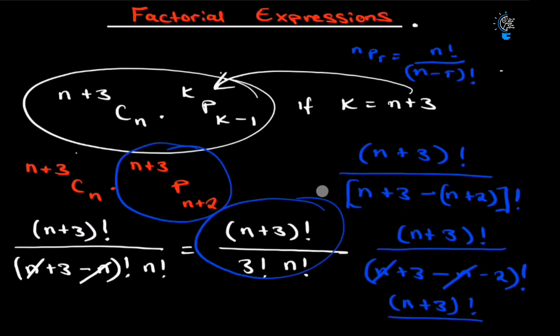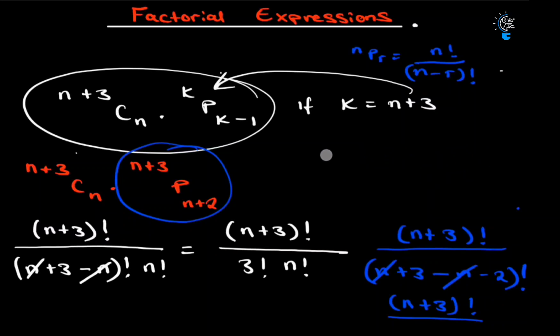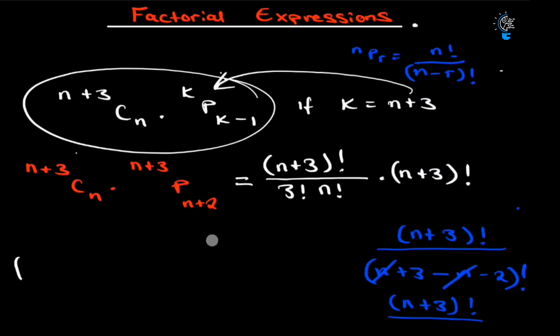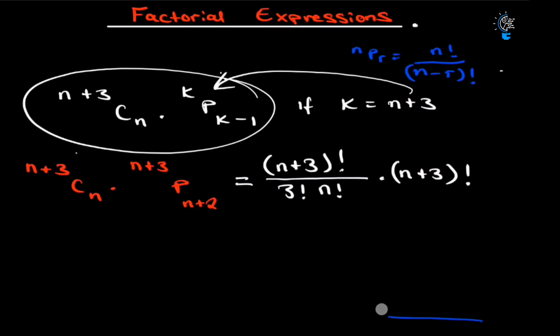We can say this expression is equal to n plus 3 factorial divided by 3 factorial n factorial multiplied by n plus 3 factorial. Okay, we can clear everything now. Get rid of everything at the bottom so that we finish our question.